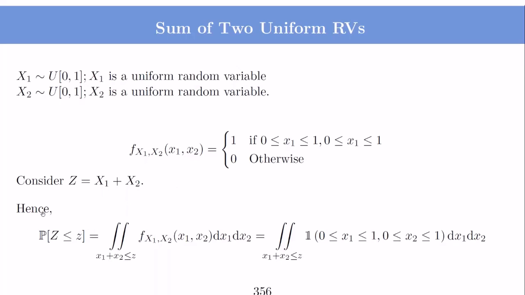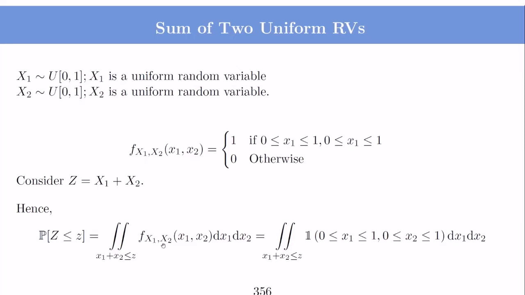So the probability that Z is less than or equal to small z is the CDF of Z. To compute it, I integrate the joint distribution over the condition that Z is less than or equal to small z, and Z is X1 plus X2.